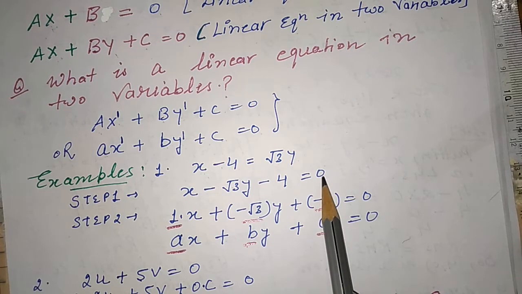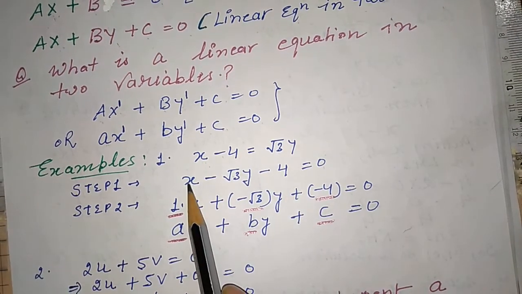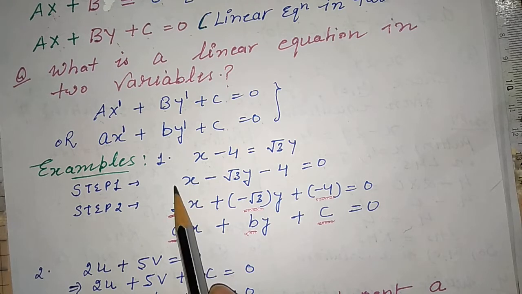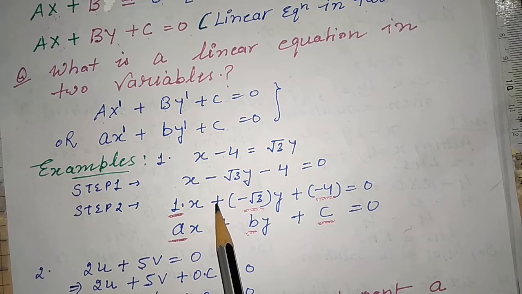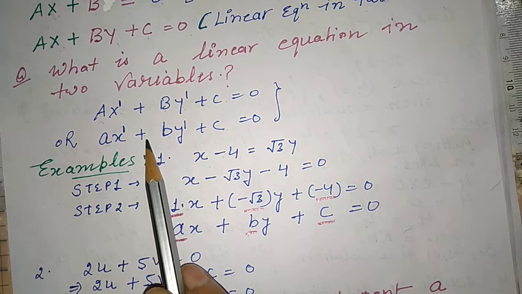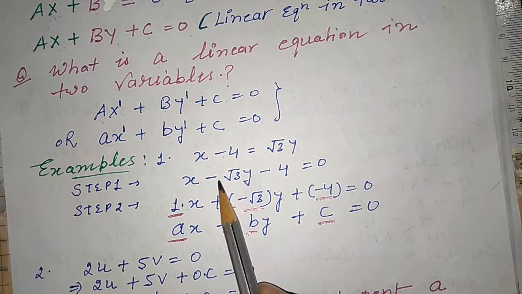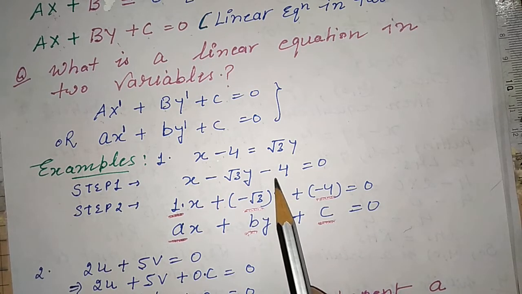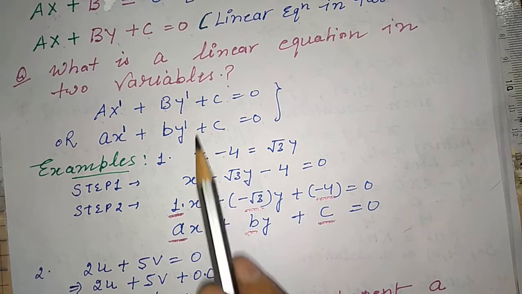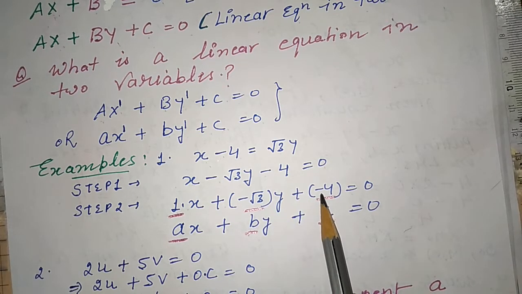Nothing is left on the right, so 0 is left. We can write this as 1 into x, because x has no visible coefficient, so we write 1. Plus, because the general equation has plus, we take the minus sign in the bracket, and the second variable plus, because the general equation again has plus, we take this minus sign in the bracket, and the minus 4.